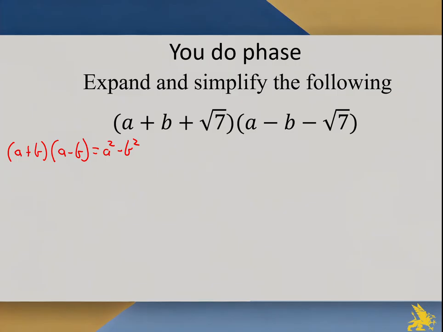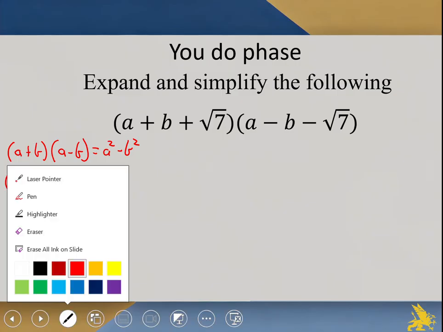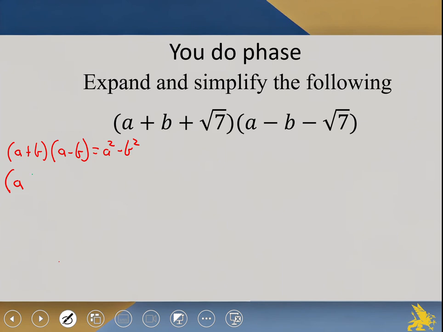So I'm just going to rewrite our question and label. So in red will be my A, and I'll pick another color in a minute for my B. So first thing I'm going to do is go A, and I'll pick green, just so it stands out. And my B is b and square root 7. Then I'm on my next one. The same thing is going to occur.